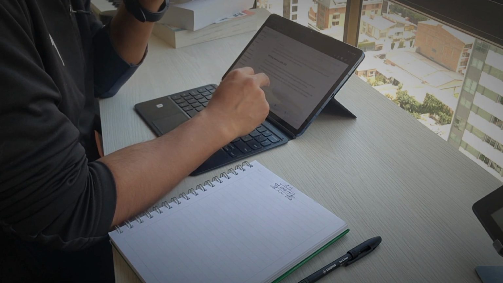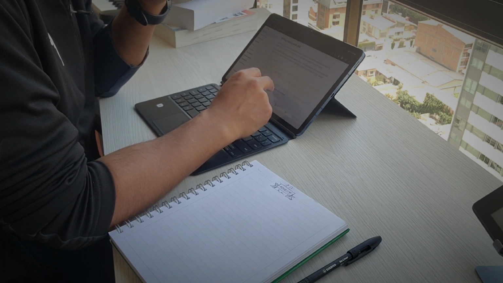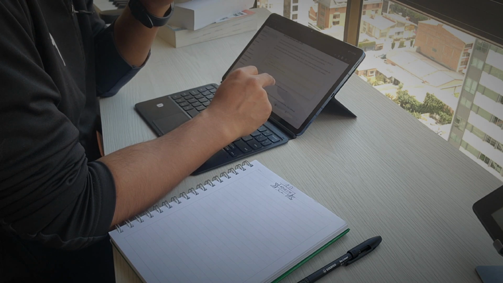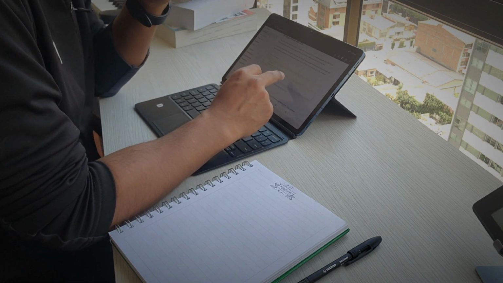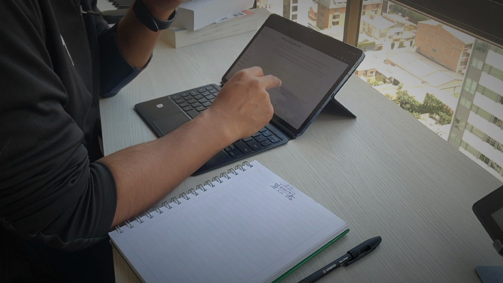JSX, what is this? If you're not familiar, read this. Writing markup with JSX. Markup syntax for the convenience. The markup syntax you've been seeing above is called JSX.